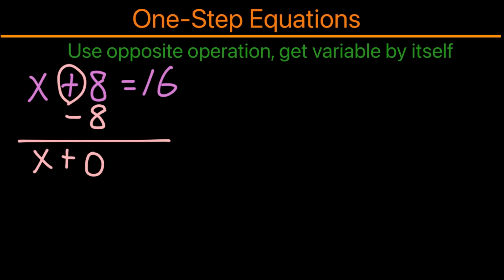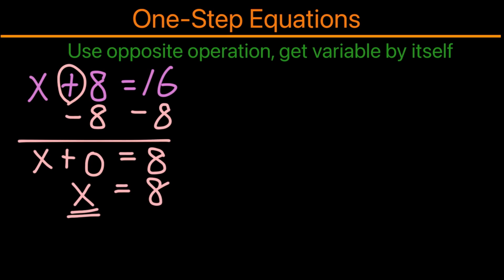And when you minus on one side of the equation, you need to do the same on the other. So 16 minus 8 is 8. And if you take x plus 0, it becomes x. So now you got the variable by itself, and that's what we want. And so we bring down the 8, so x will equal 8.